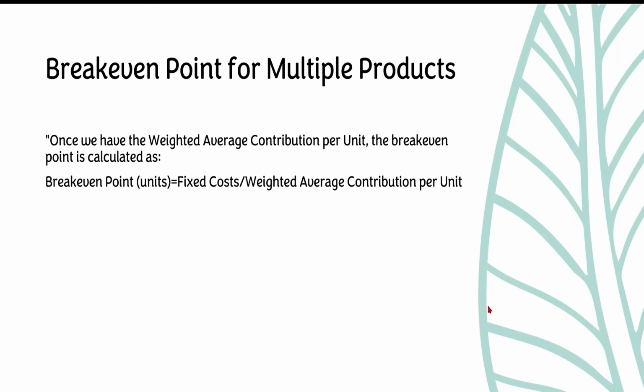If you want to calculate the BEP in terms of dollars or any currency in case of multiple products, in that case you need to calculate the CS ratio for the multiple products. And how will we calculate it? We will simply take the total contribution by adding the contribution from each product and divide by the total sales from each of the products, and then we will divide the fixed cost by the weighted CS ratio, and we will get the BEP in terms of currency.